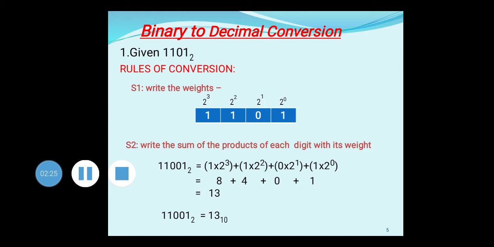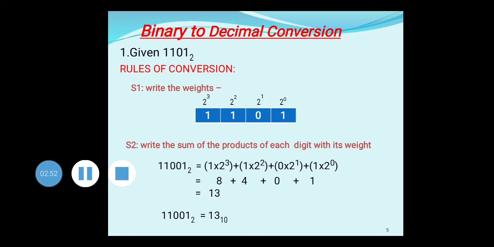So 1 into 2 raised to 3 plus the next number is 1 and its weight is 2 raised to 2, so 1 into 2 raised to 2 inside the brackets, then plus the next number is 0, its weight is 2 raised to 1, so 0 into 2 raised to 1, bracket close, plus the next number 1 into 2 raised to 0, bracket closed.